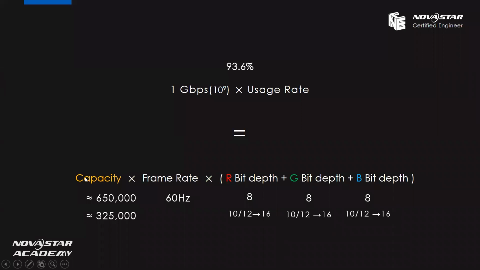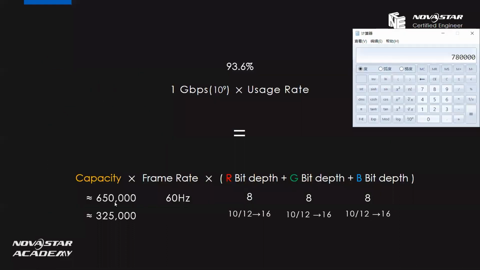Let's see the capacity. Here, 1 gigabit, 93.6, divided by 60 Hertz.